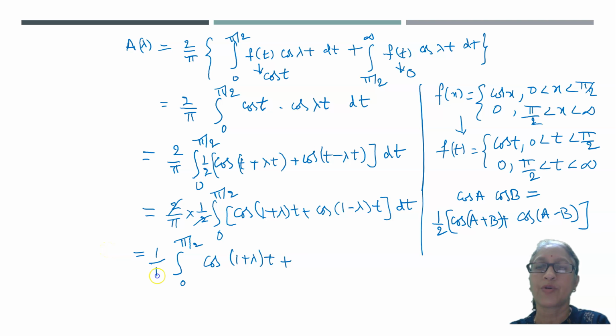So this is equal to 1 by pi times the integral from 0 to pi by 2 of cos((1 plus lambda) t) plus cos((1 minus lambda) t) dt.